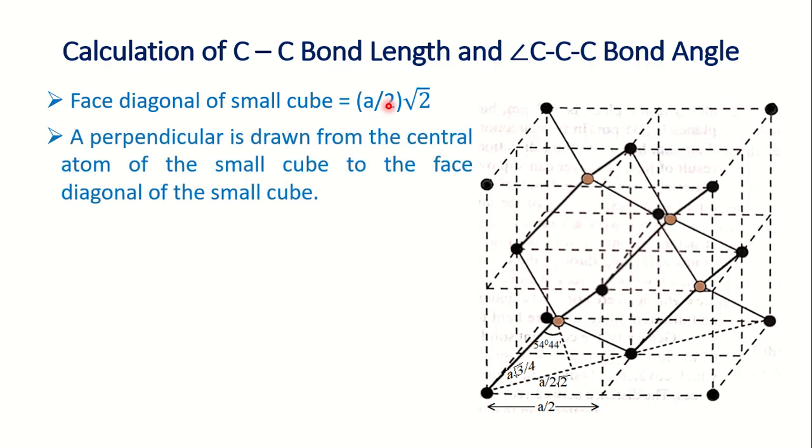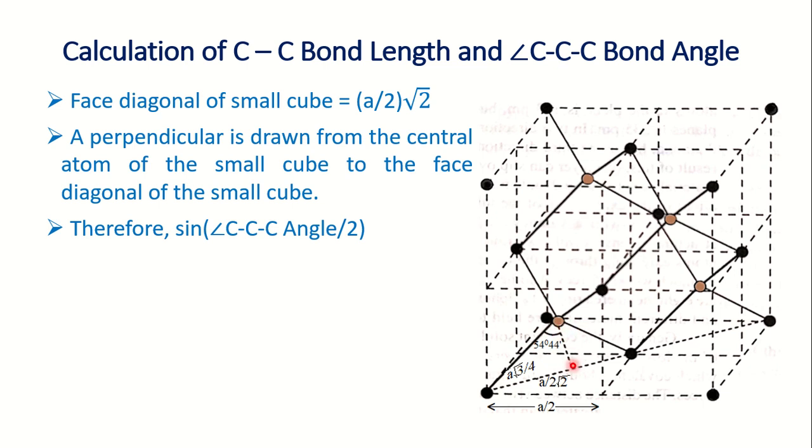A perpendicular is drawn from the central atom of the small cube to the face diagonal of the small cube. So here to here. This is the central atom, this is the face diagonal, and this is the perpendicular. If you draw this, then this angle is the CCC bond angle.